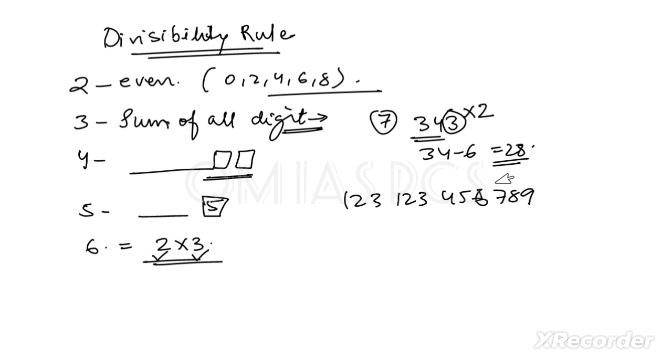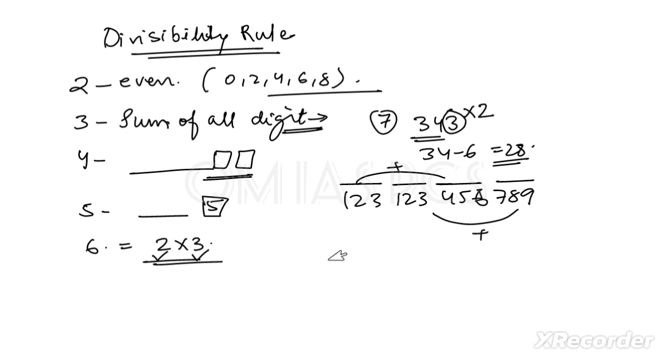Then take alternate groups and add them. Subtract the two sums, and whatever value comes, divide it by 7. If that number is divisible by 7, then the complete number is divisible by 7.